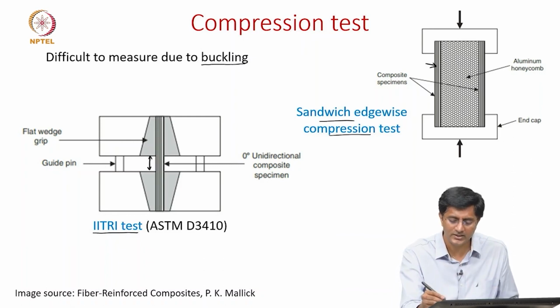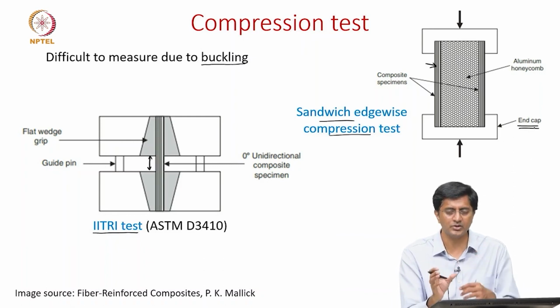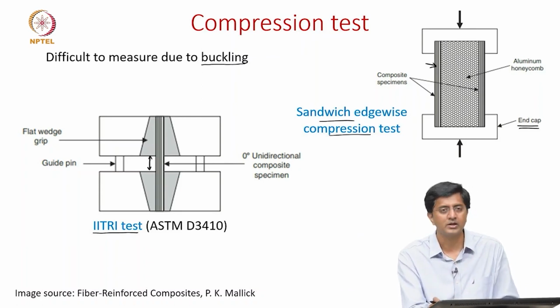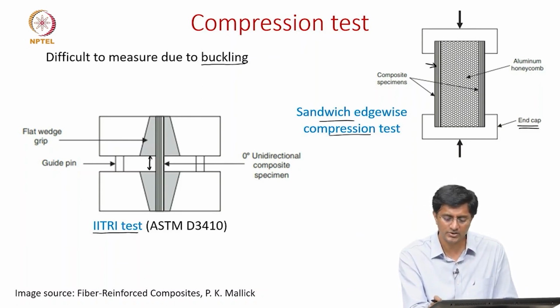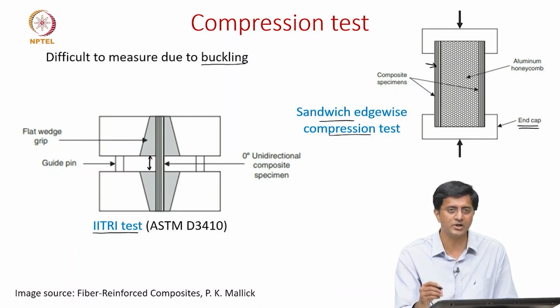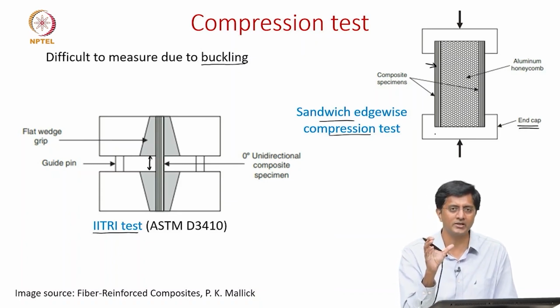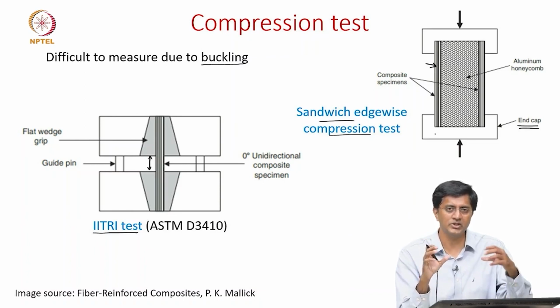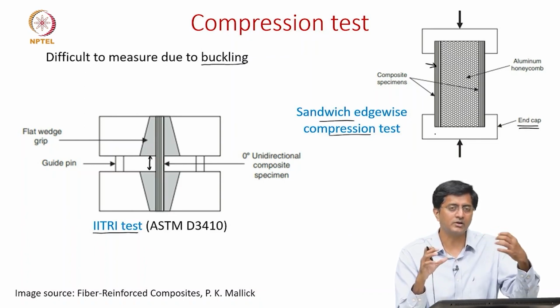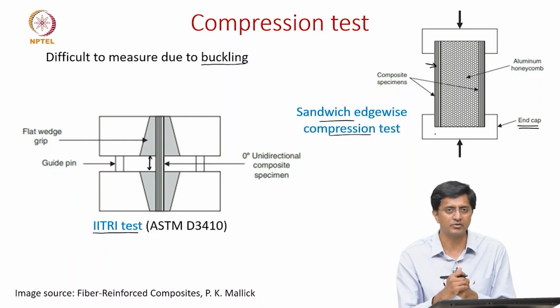And then there are these end caps as well. So what do these end caps do? First, they ensure that the two laminates as well as the aluminum core are tightly held together, and it helps in applying the loads. It also ensures that there is no opening happening at the edges. With this, we avoid the other failure mechanisms before we learn the compressive behavior of these laminates.